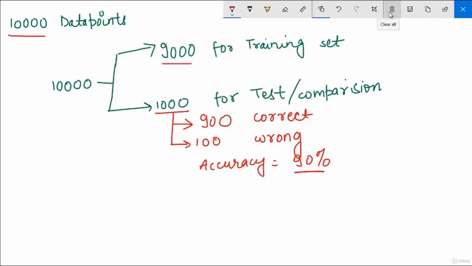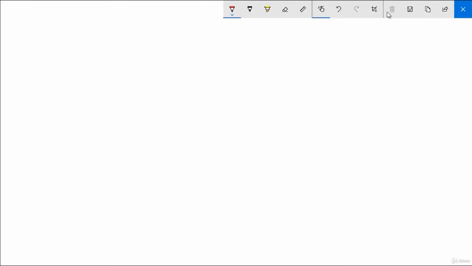Now let me erase this. I want to give the generic representation of everything we have studied in this accuracy part. So, generic representation.